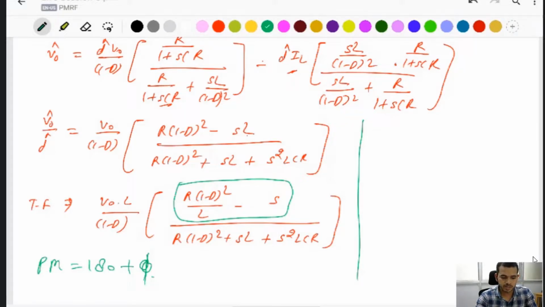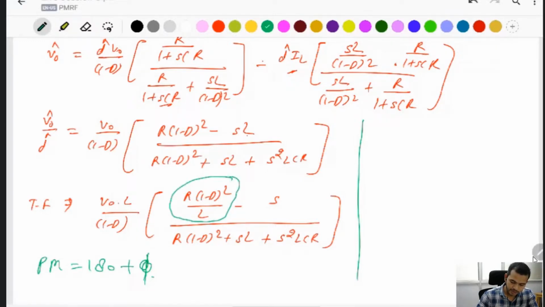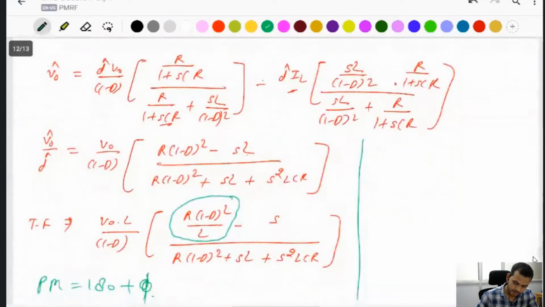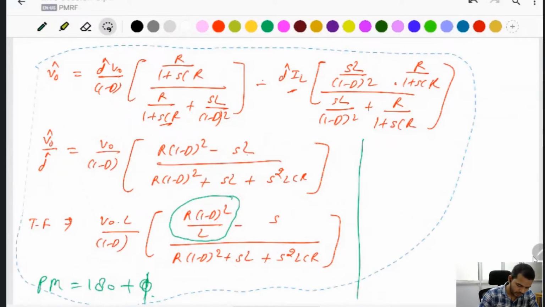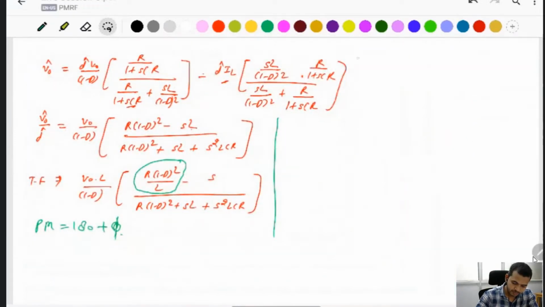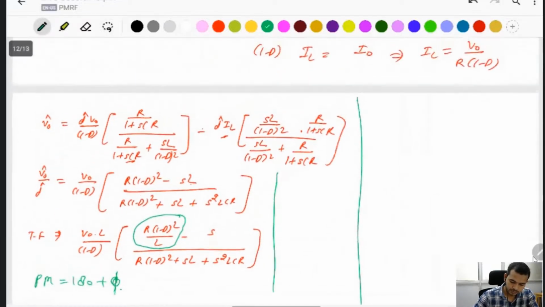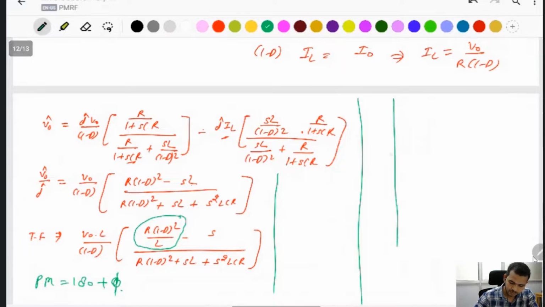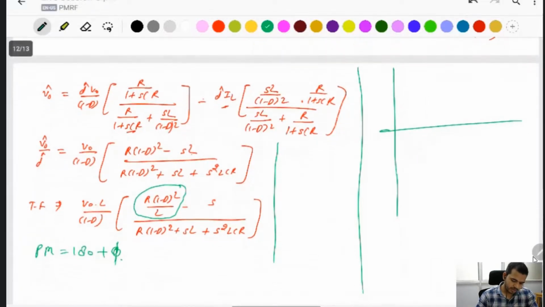To reduce this, omega GC should be in range. You find the transfer function. If you draw a Bode plot of this system, this one is the gain, and you find the gain like that.